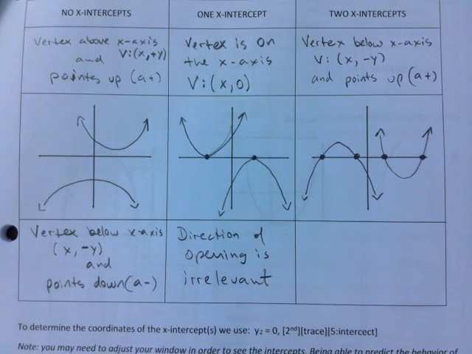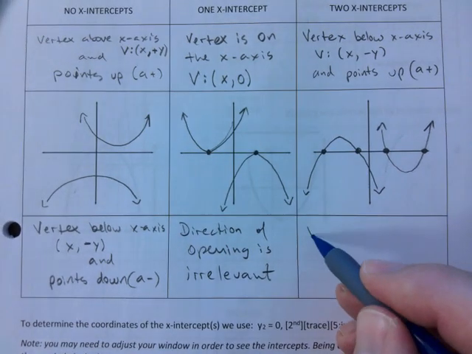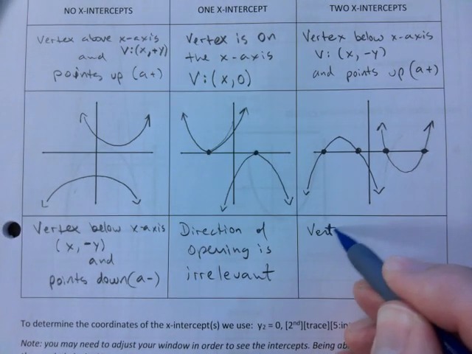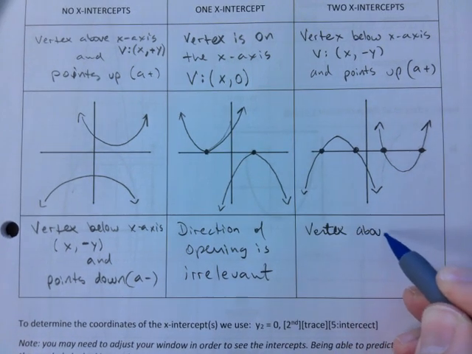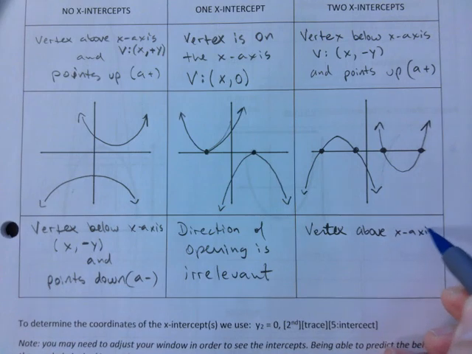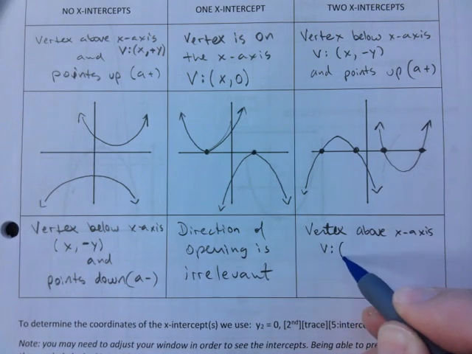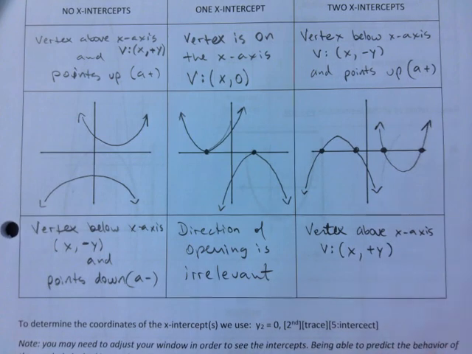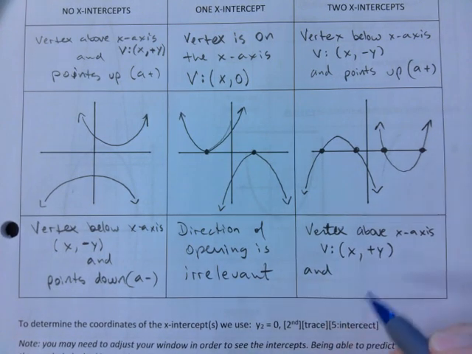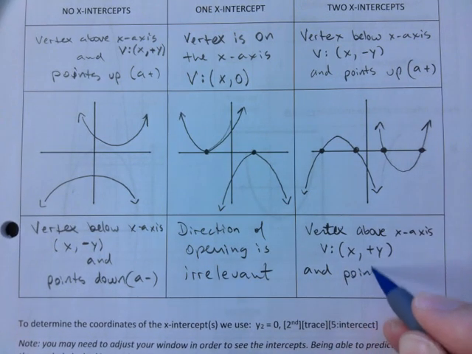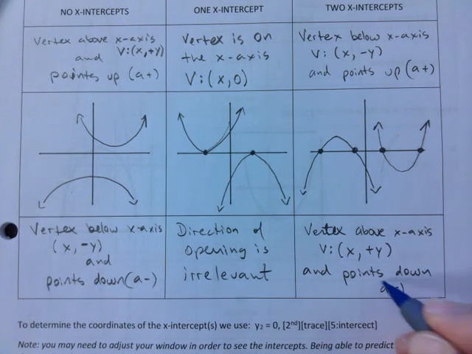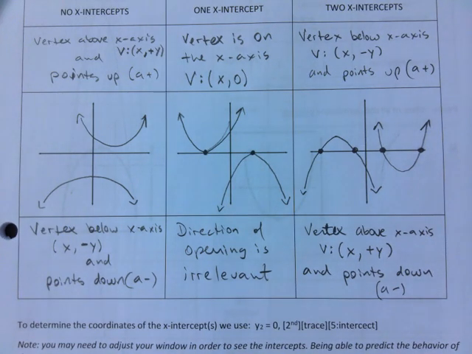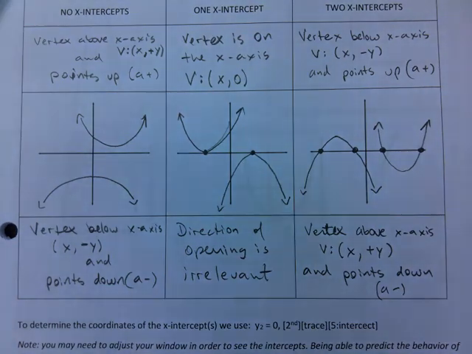It's one instance. Or vertex above the x-axis. That means the vertex would look like this, and points down. A is negative. Or opens down. It doesn't matter.